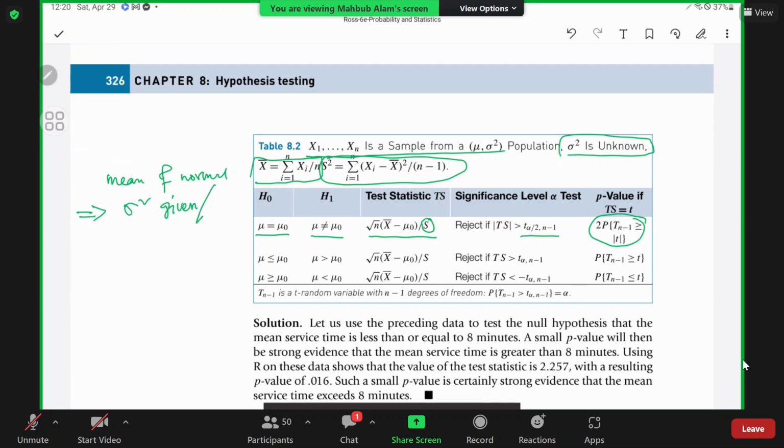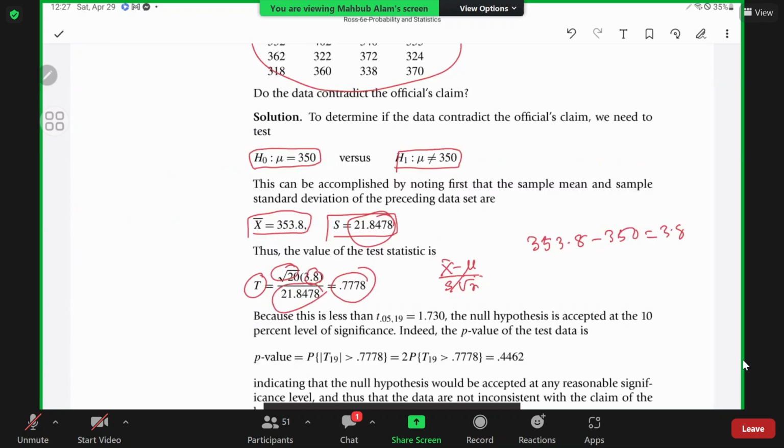The square root of n, with n equal to 20, is here, and the standard deviation is 21.8. So the test statistic becomes 0.7778.